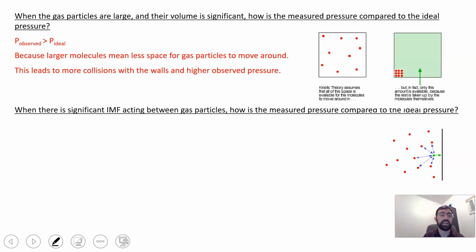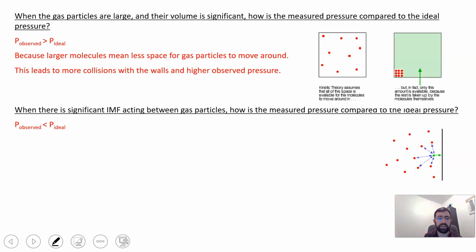When there's a significant intermolecular force acting between gas particles, how's that going to change the pressure compared to the ideal pressure? The pressure observed is going to be less than the ideal pressure. Why is that?